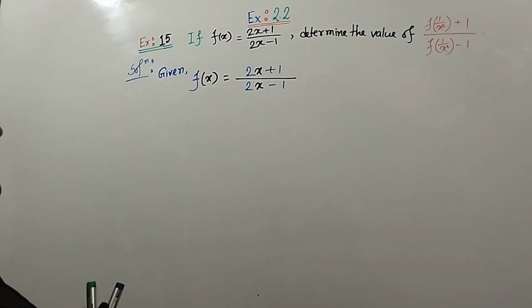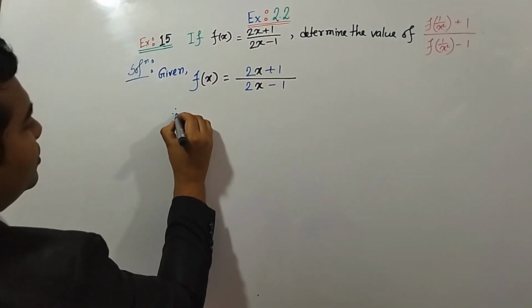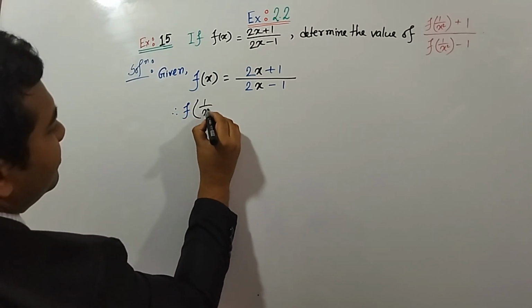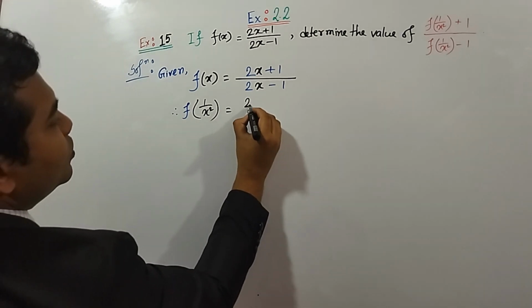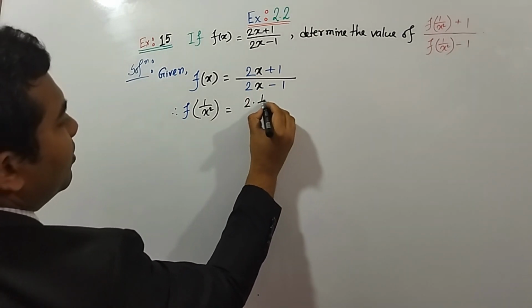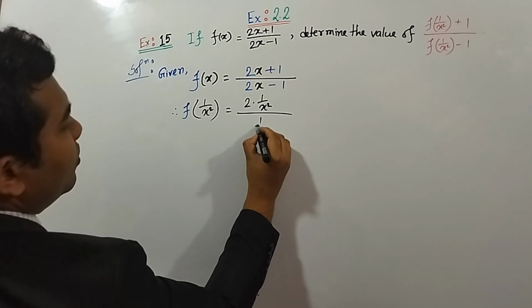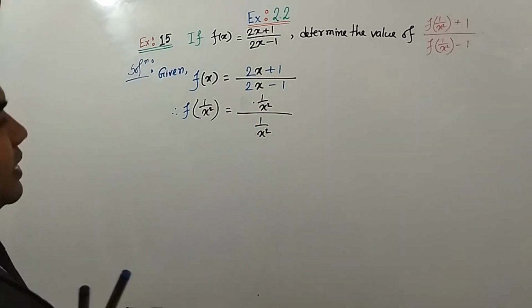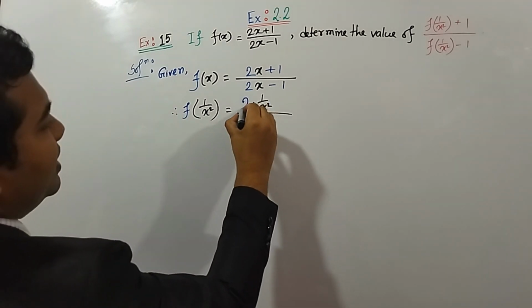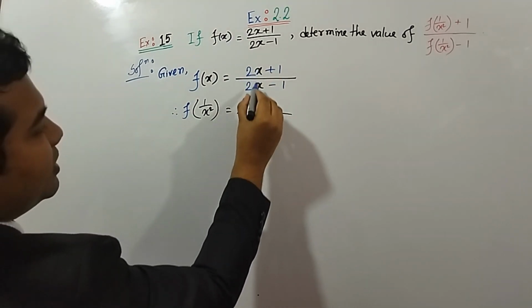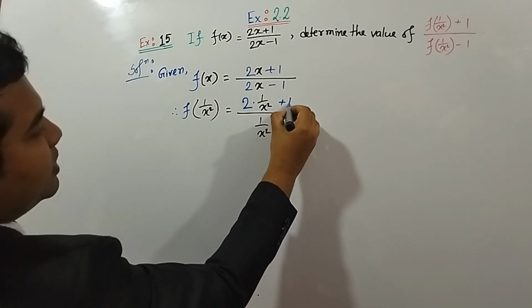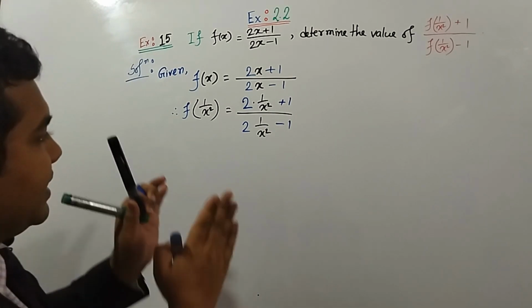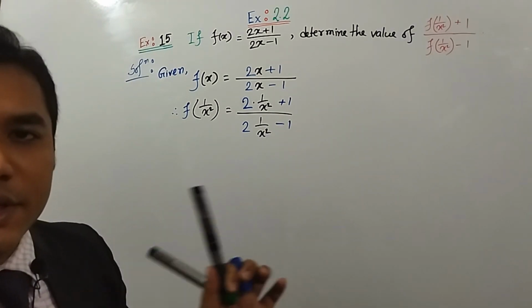So we can write here, f of 1 by x square can be 2 into 1 by x square plus 1, 2 into 1 by x square minus 1. Only the place of x will be changed and others will remain the same. So at the place of x it will be 1 by x square. I think you can understand which part actually changed.